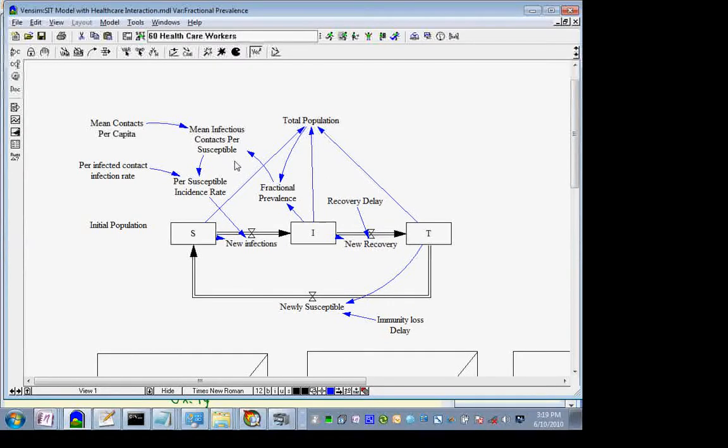So if I start with days, this person comes into contact with 3 people per day. If I were to change it to months, would that change how many people they come into contact with per unit time? Yes. They come into contact with a lot more people in a month. Okay?